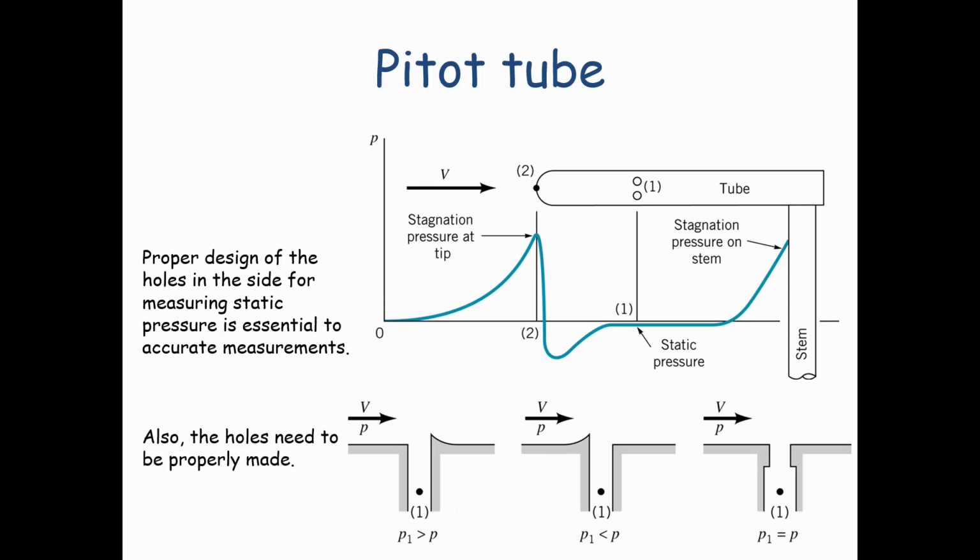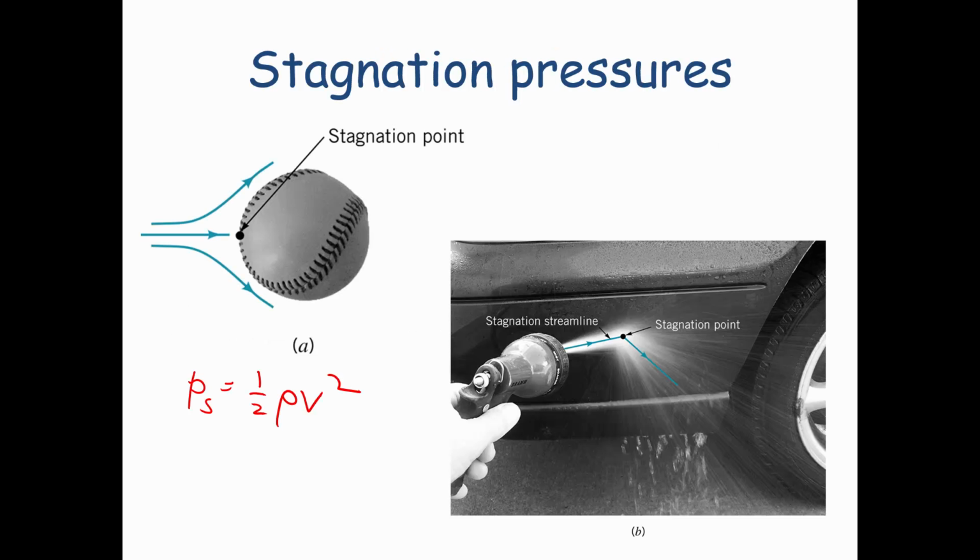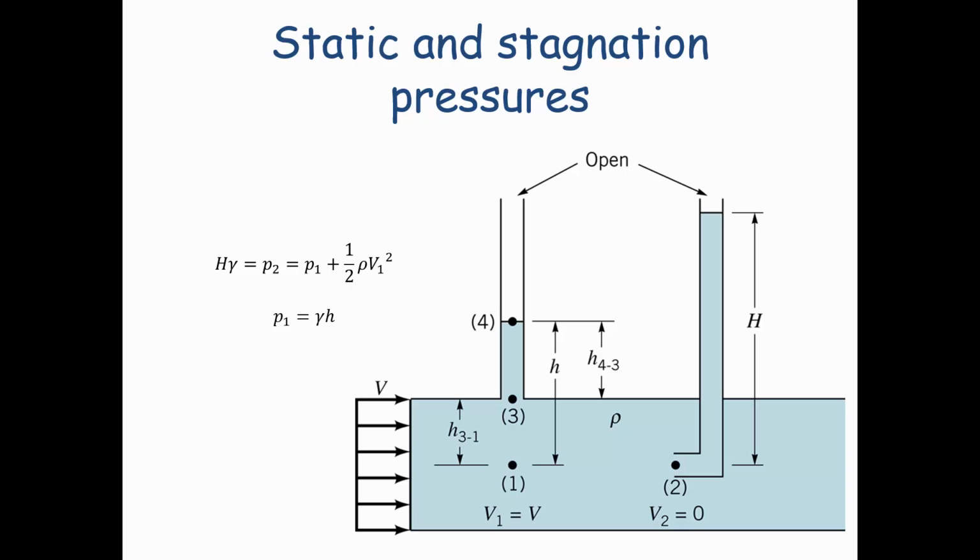Okay, if we go back to the previous diagram, we can look at that and see how that relates to what we had before. In this diagram again, P2 is associated with the height that the water rises inside the tube.